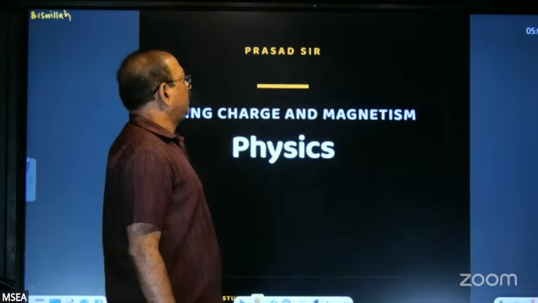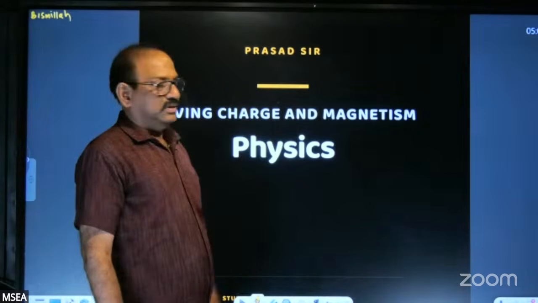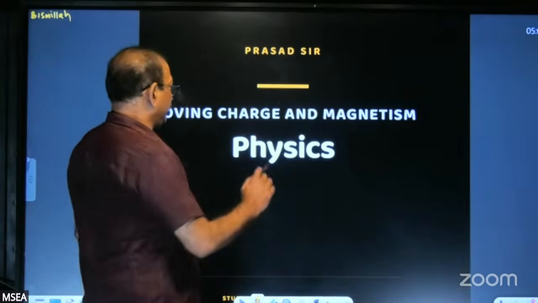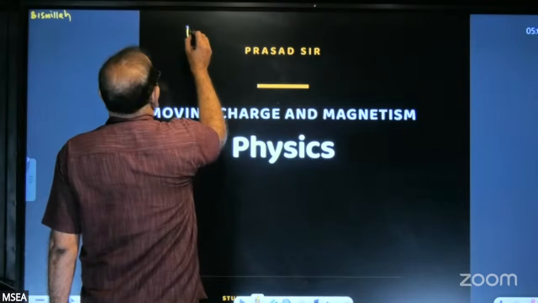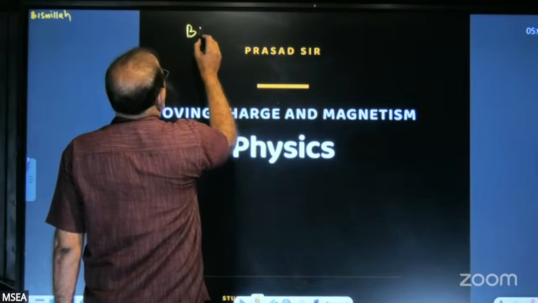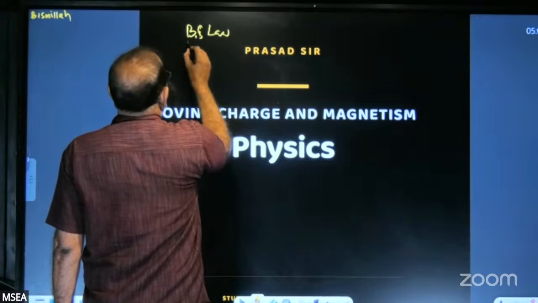First part, magnetic field due to current carrying conductors. In this first part, you need to focus first on Biot-Savart law. I'm writing BS, Biot-Savart law.